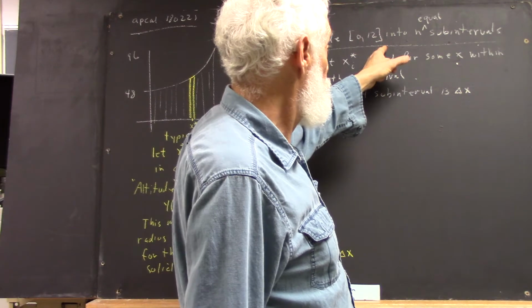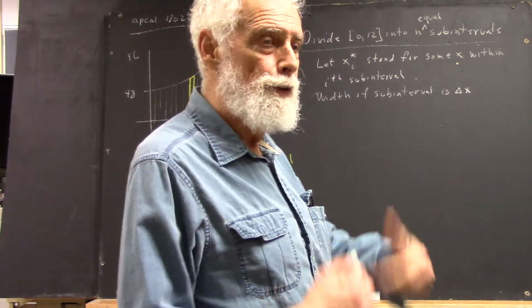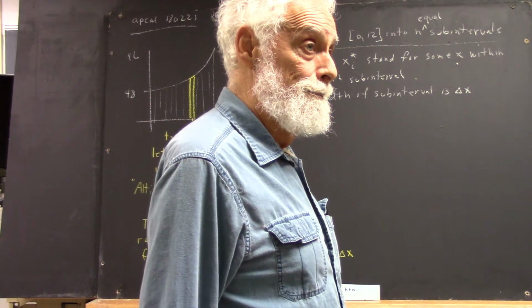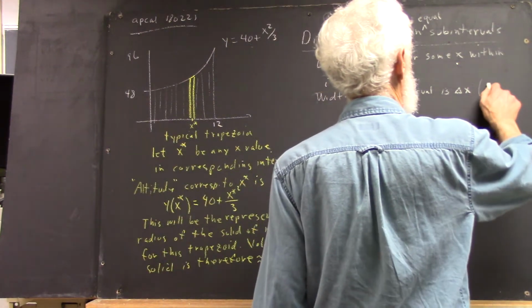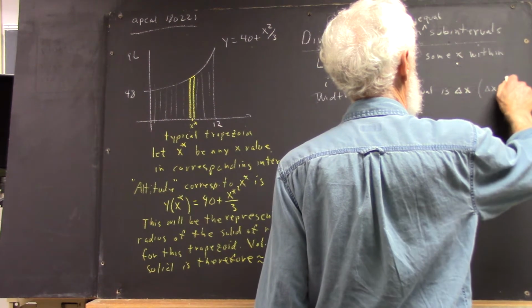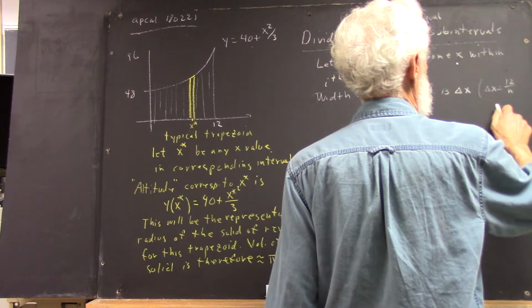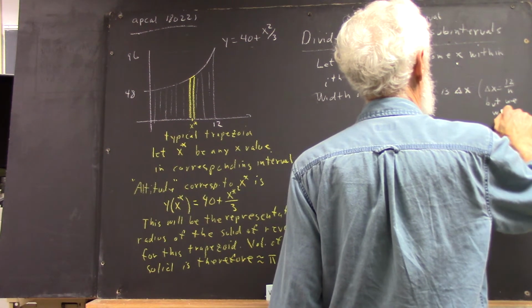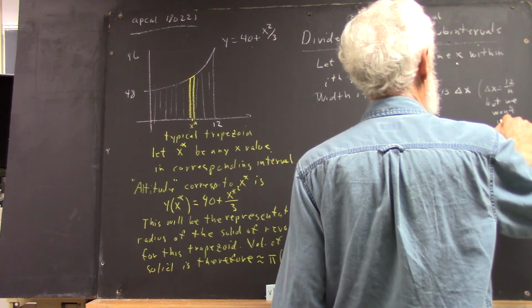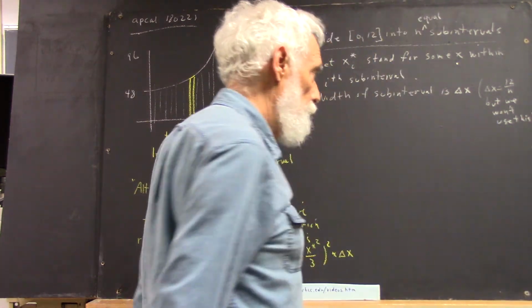Divide the interval from 0 to 12 into n equal subintervals. How wide is each one going to be? If they're all equal, there are n of them.